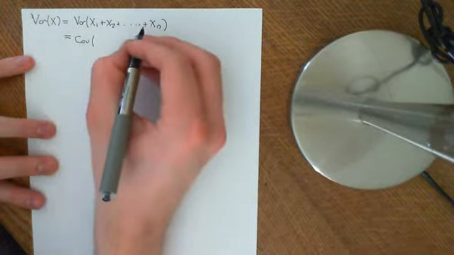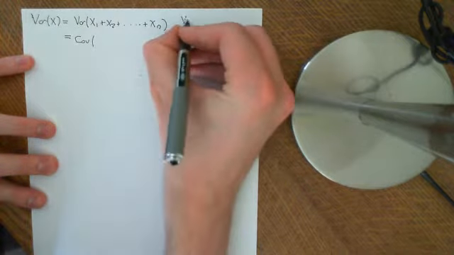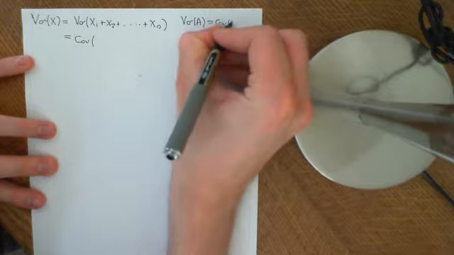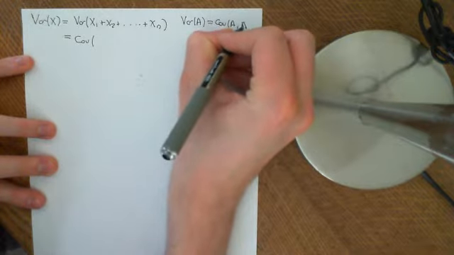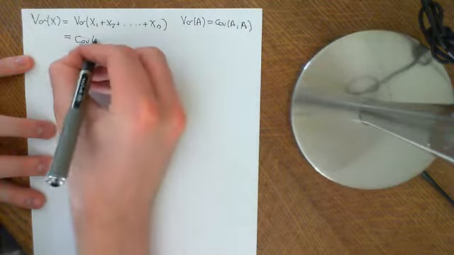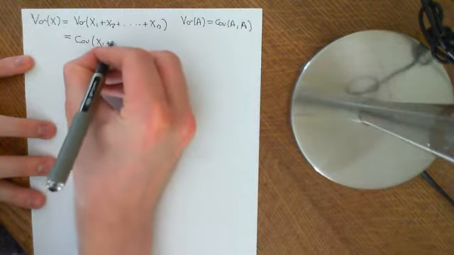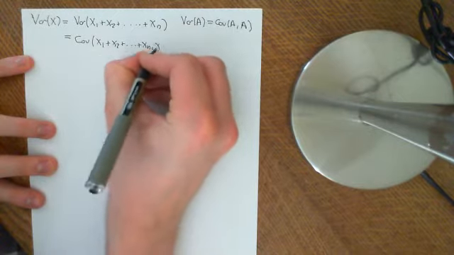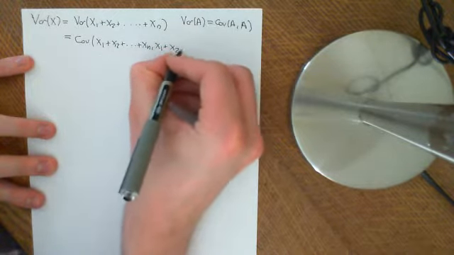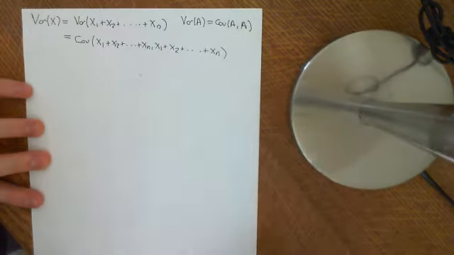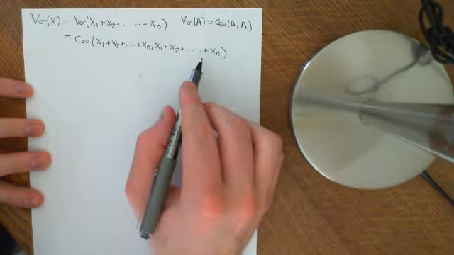So let me just remind you: the variance of a random variable A is equal to the covariance of that random variable with itself. Now I stick in this sum as our random variable A, and I get the covariance of X1 plus X2 plus all the way through to Xn with itself.